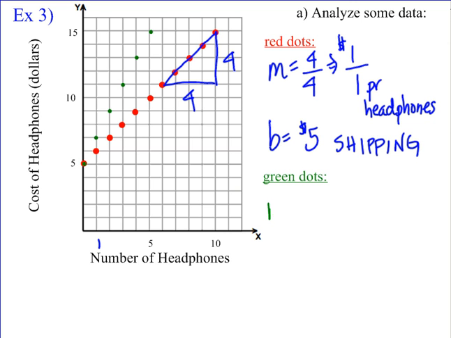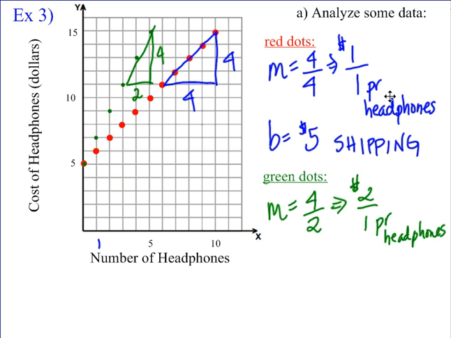And we're going to do the same thing. We're going to find the slope of the line. So again, I'm just going to pick 2 dots and draw a triangle. And I'm going to count my boxes. So here I have 4 divided by 2, rise over run, and that reduces down to 2/1, which again, we have to put it in terms of the problem, is $2 for 1 pair of headphones.